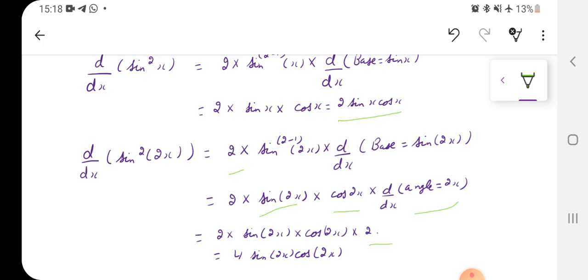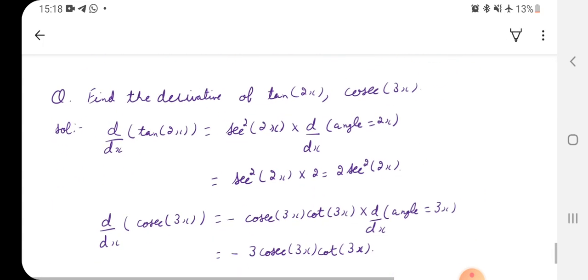Power ahead means 2 ahead, the power of sin reduced by 1 becomes 1, sin 2x into the derivative of the base, sin 2x. The sin derivative will be changed to cos 2x into the derivative of the angle. The angle is 2x, so its derivative will be 2. So we will get 2 sin 2x cos 2x into 2. So it will be 4 sin 2x cos 2x.